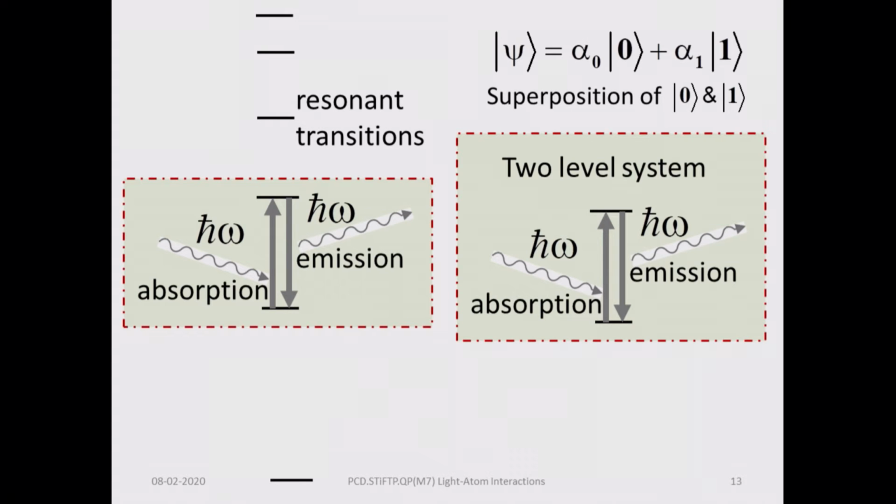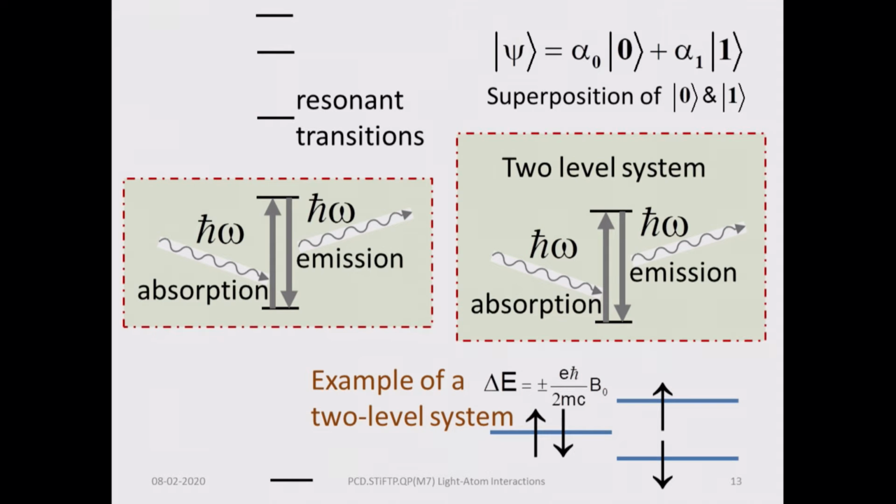and the general state would be a superposition of state 0 and state 1. So, you consider the state 0 and 1 to be denoted. Here is an example of nuclear or electron spin, and these two states would be essentially degenerate, but in the presence of a magnetic field due to the Zeeman interaction, which we have discussed earlier, they would get split.